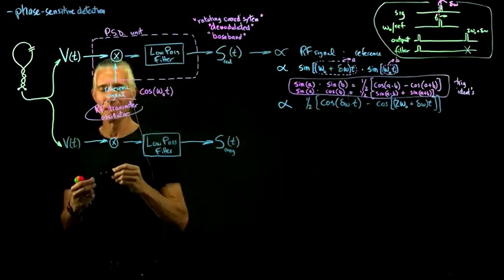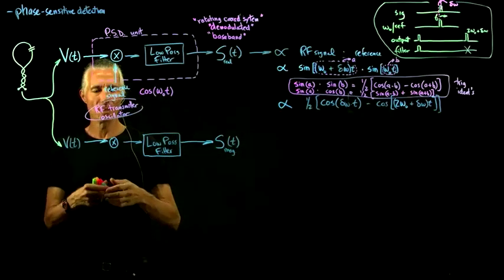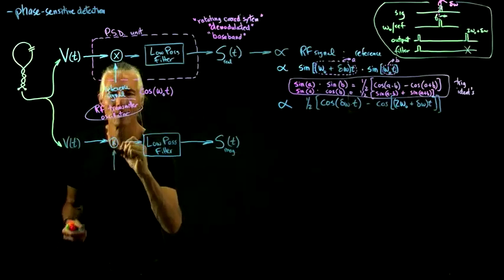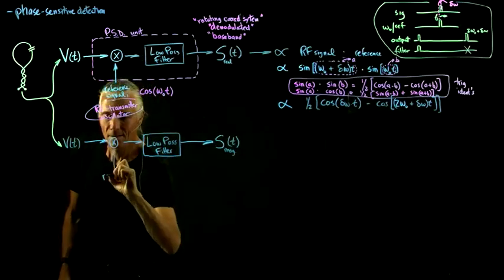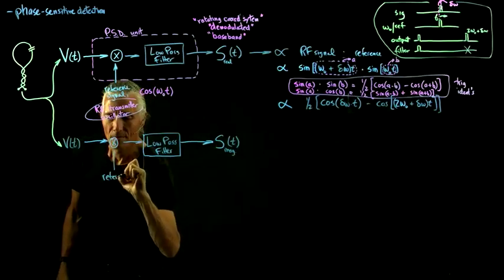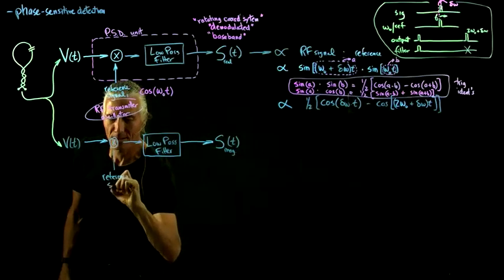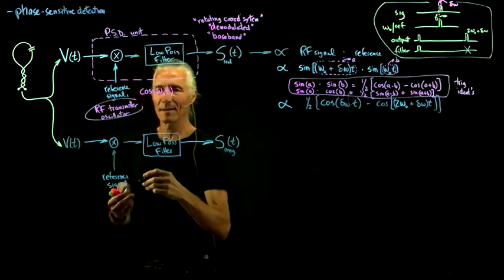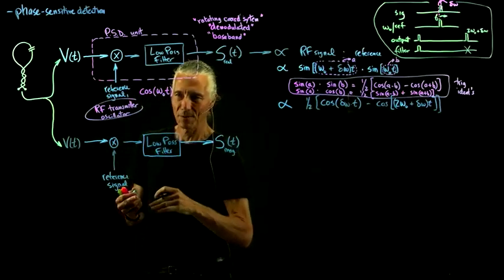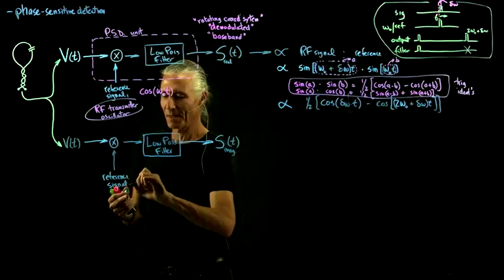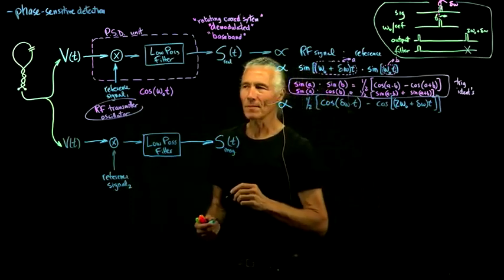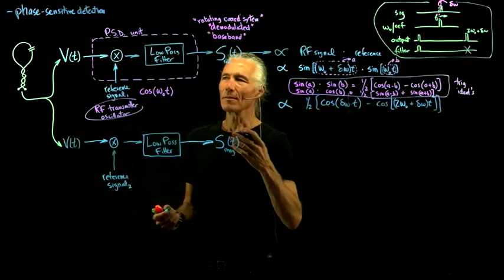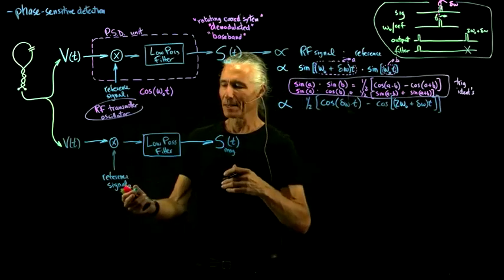But this will essentially allow us, so this is reference signal 1, and this is reference signal 2. And so where do you get the reference signal 2? Well, it's just whatever the transmitter was doing delayed by 1/4 of a cycle. So you can electrically delay the transmitter signal to turn it from a cosine into a sine.